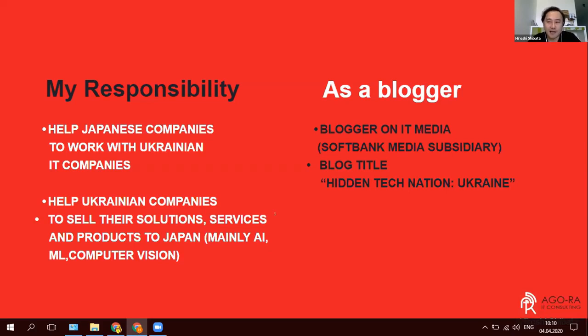I only highlight the positive side of Ukraine, as there are too many negativities coming out of Ukraine. Every time you see Ukraine in the media, it's almost always negative. But I'm selling Ukraine as a tech nation. And currently, I'm the only one who's doing it. So I should actually be awarded by your government, but I'm doing this for Ukraine.